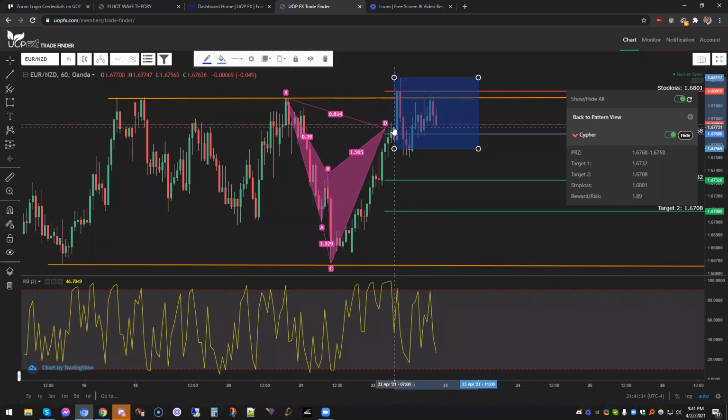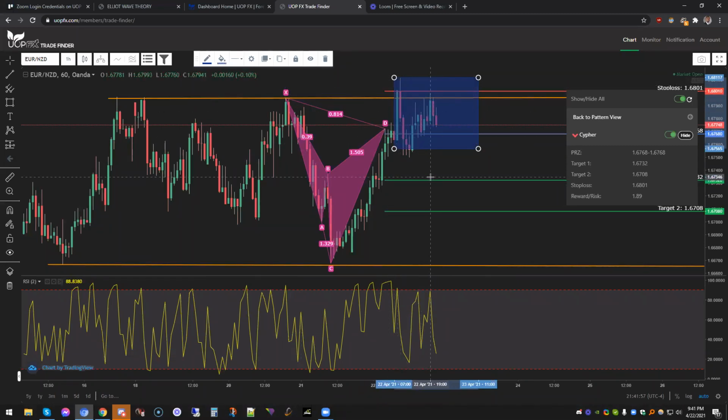It means the market is going in the opposite direction, especially when you have sniper entries. In this case, the market was looking to hit this resistance level before it goes down.